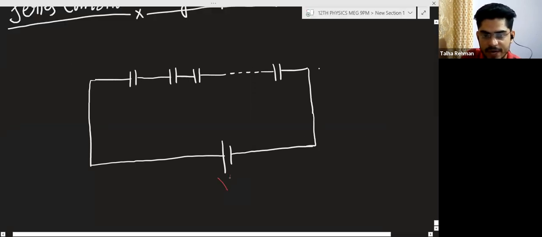This is a battery of voltage V. This is C1, C2, C3, and this is Cn.